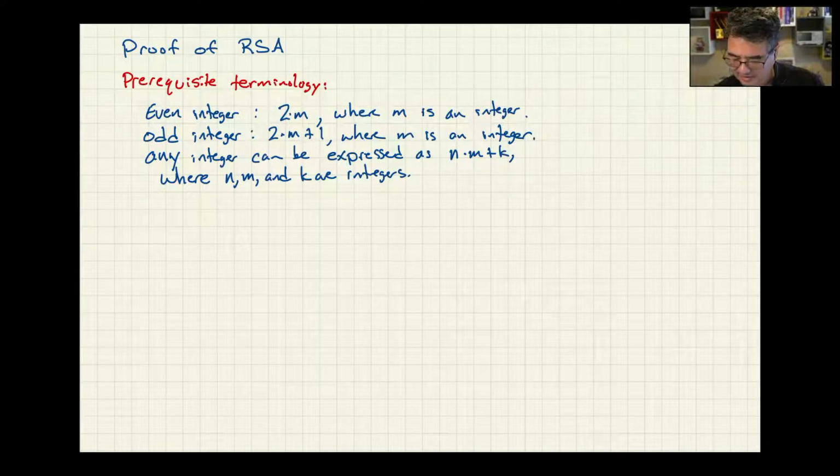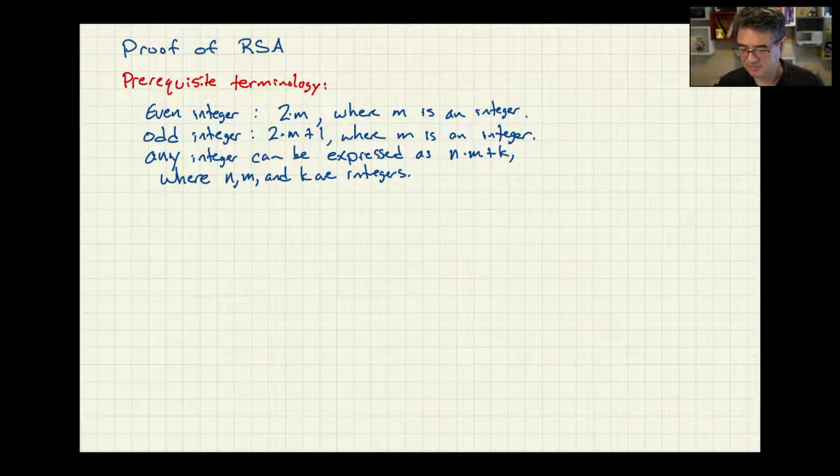And finally, we can also say that any number, pick any number, you can express that number as some multiple of some other number plus a constant. So we could pick a number like 7, and we could say 7 is 2 times 3 plus 1.